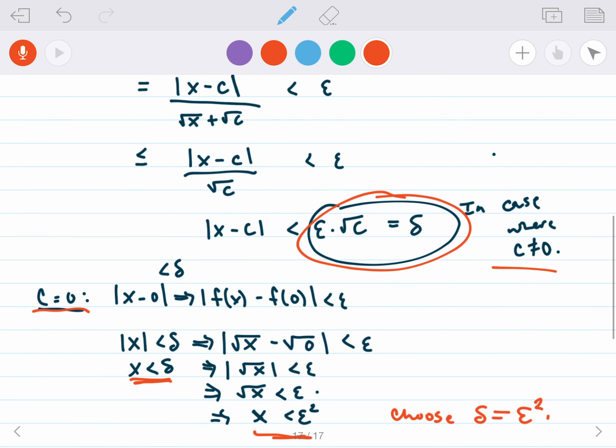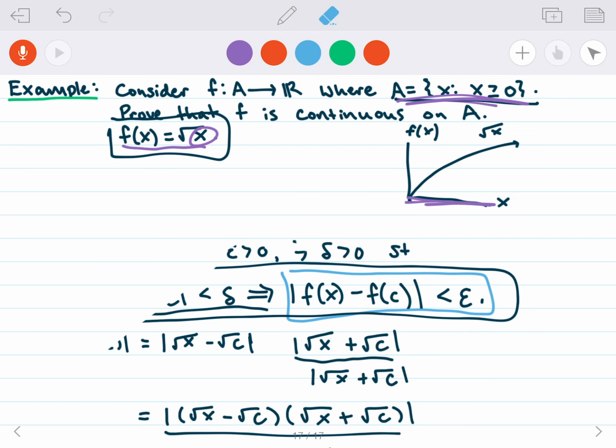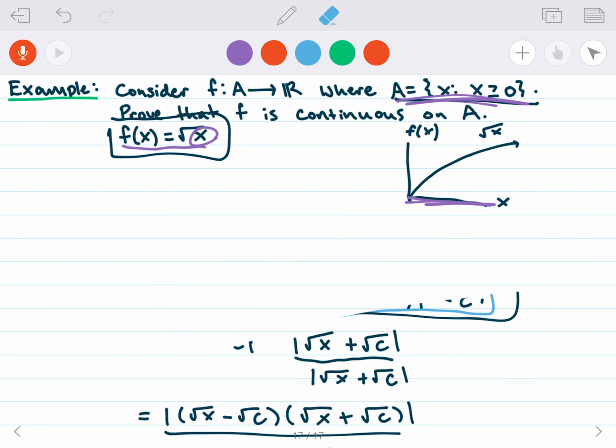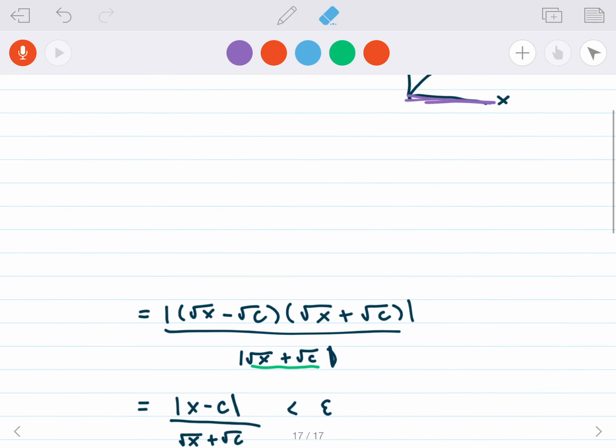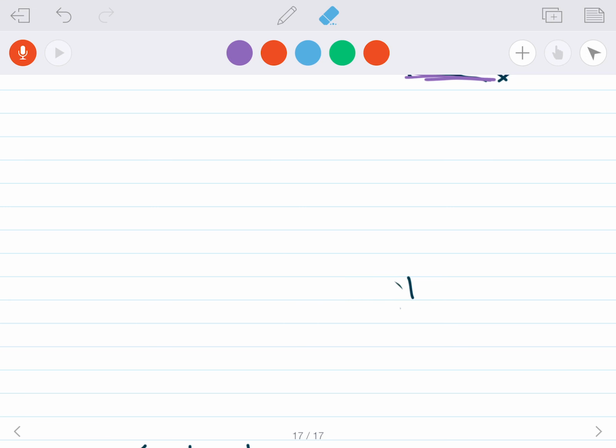All right, so let's do it. Let's write the proof out. I'll be fairly brief with this since we already did the scratch work.